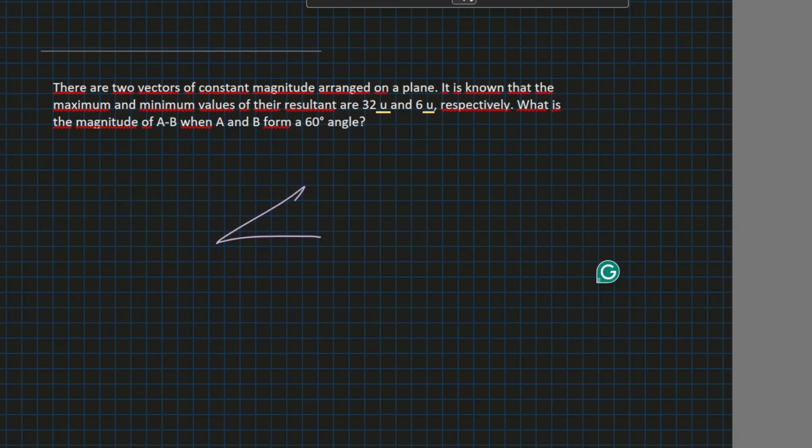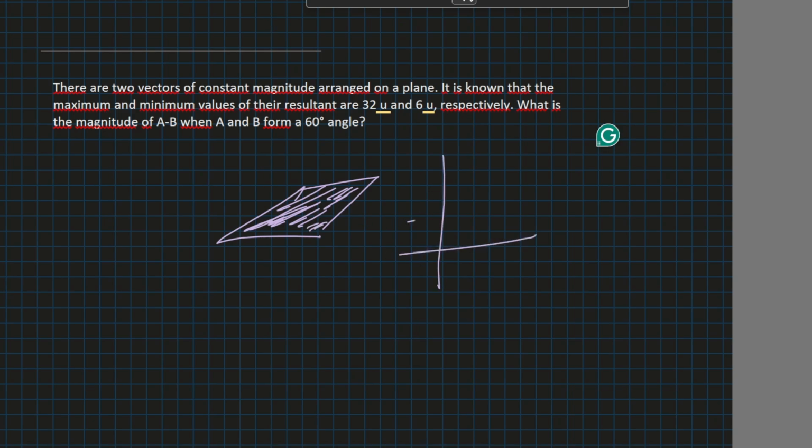A plane means a surface where these vectors are placed or drawn. For example, it can be the plane xy, the Cartesian plane, and a vector A is in this plane, A, B.